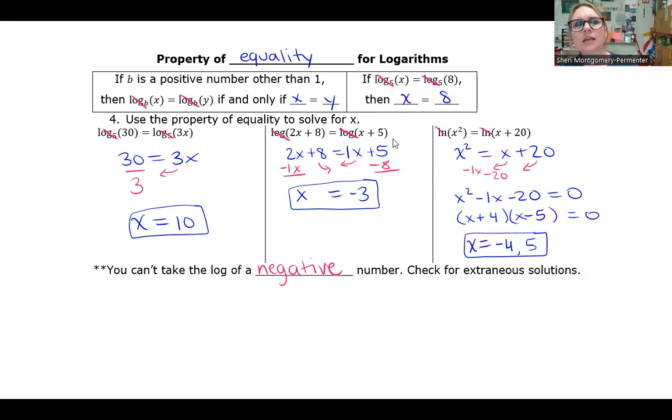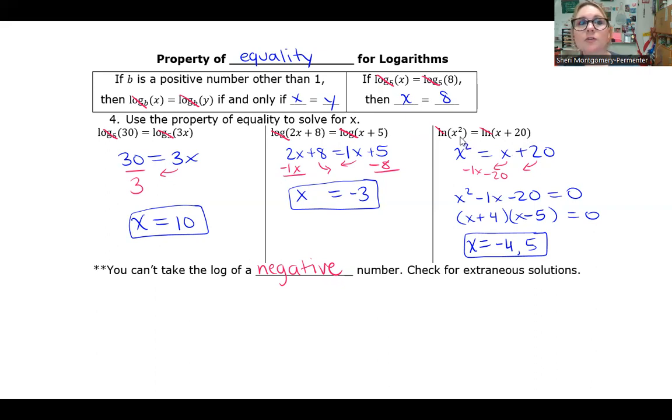No, that's fine. Here, if I plugged it in on this side, 2 times -3 would be -6. What's 8 minus 6? Is that a negative number? Then it's not an issue. Remember, if we solved correctly, what this equals is the same as what this equals.